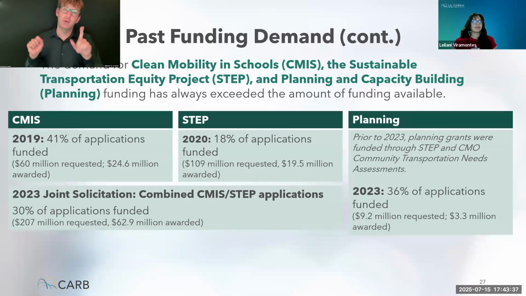For example, in their first funding rounds, CMIS and STEP were only able to fund 41% and 18% of applications, respectively. In 2023, these two programs released a joint competitive request for applications and were able to fund just 30% of them. Planning grants were first solicited in 2023, and only 36% of applications were able to be awarded grants. Next slide, please.